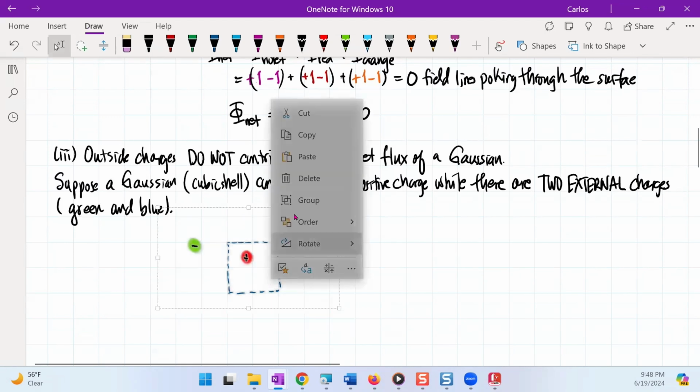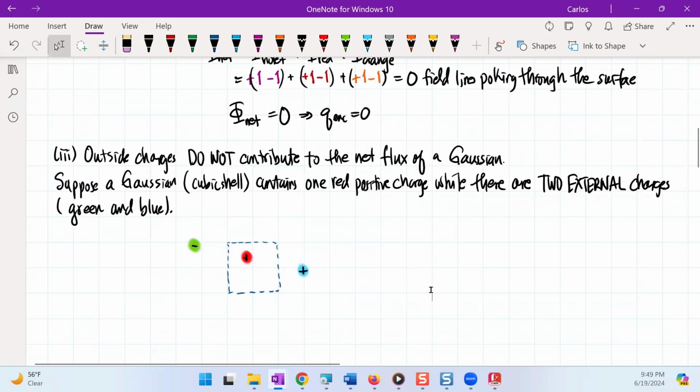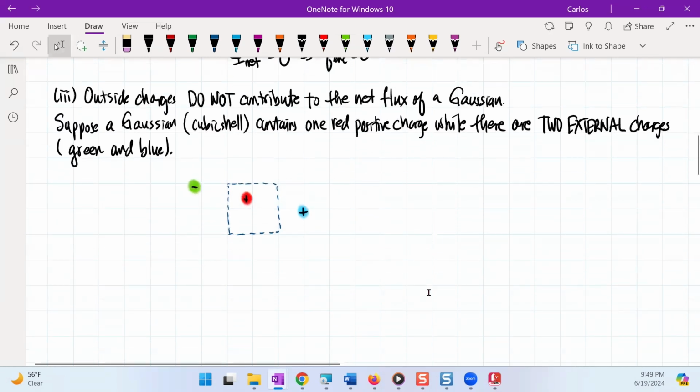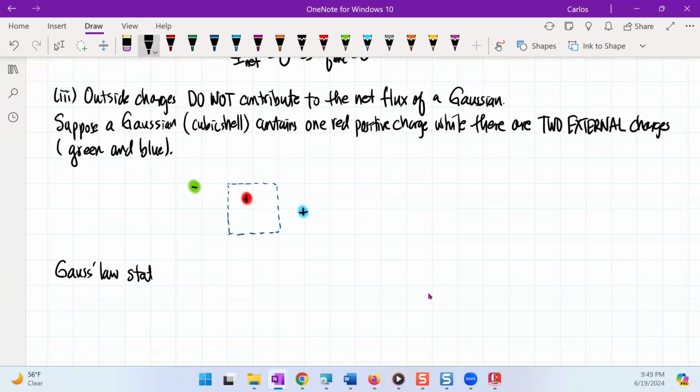So when I look at this, very similar to what we did before, what does Gauss's law say? So Gauss's law states that the net flux should be the flux of the red plus the flux of the green plus the flux of the blue.